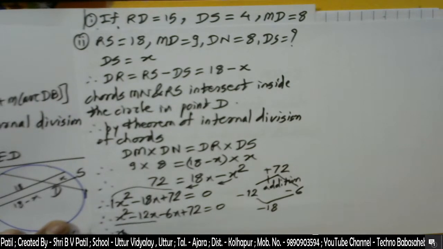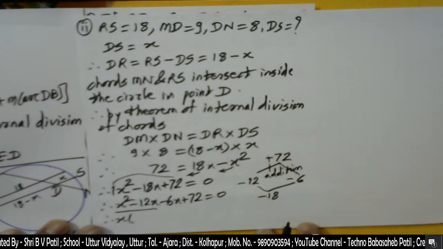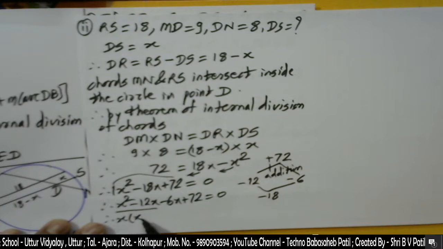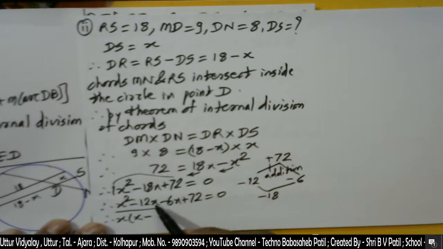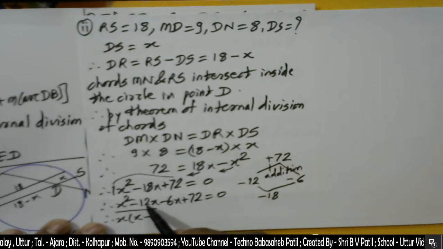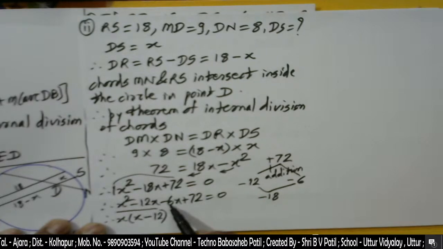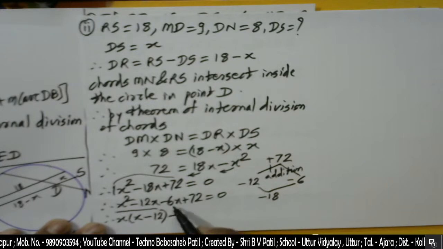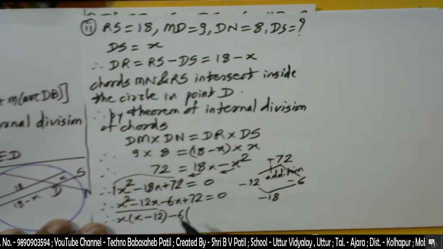Take common x here. Then x we take common, 1 times x, remaining minus 12 after taking common x. Here the small number 6 can divide 72, therefore we take common 6.